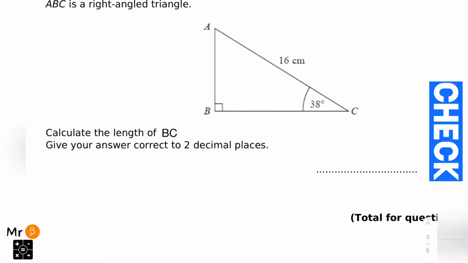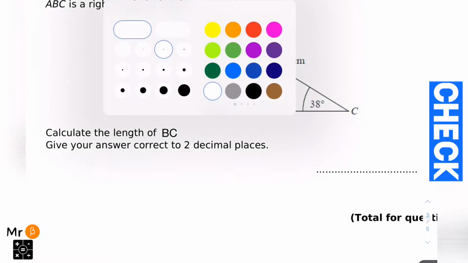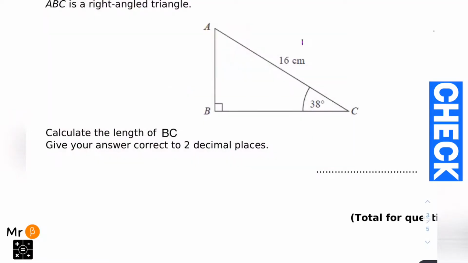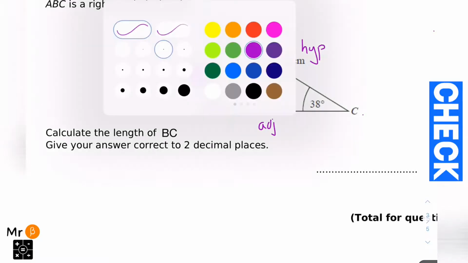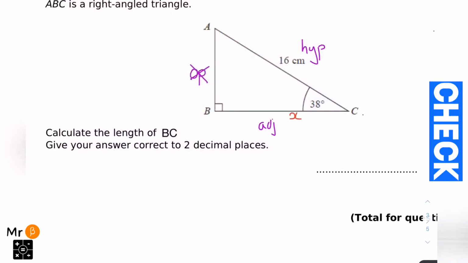Okay, so having a look at this question here. It's very similar to the last, however we're working out the length BC this time. So my first step, just like before, is to label on our sides. Hypotenuse, opposite, adjacent. Cross out the one which we're not interested in, because we've been asked to work out what BC is.